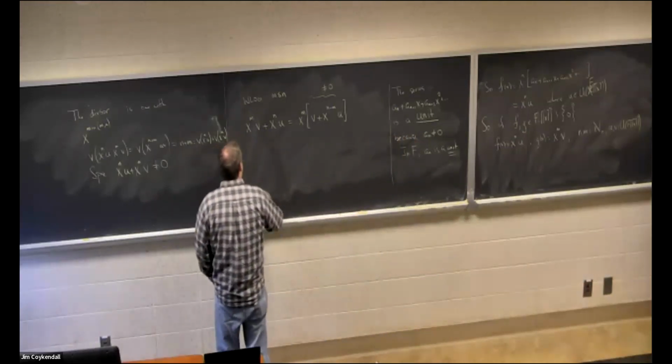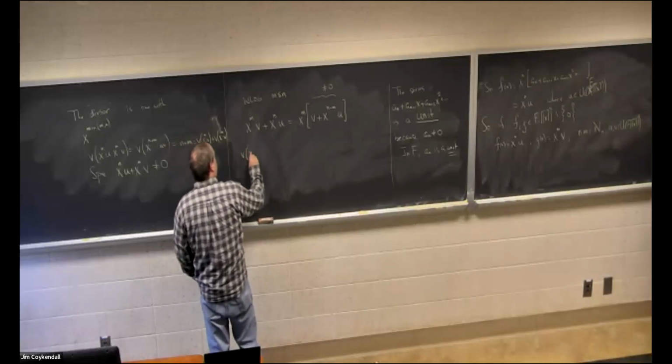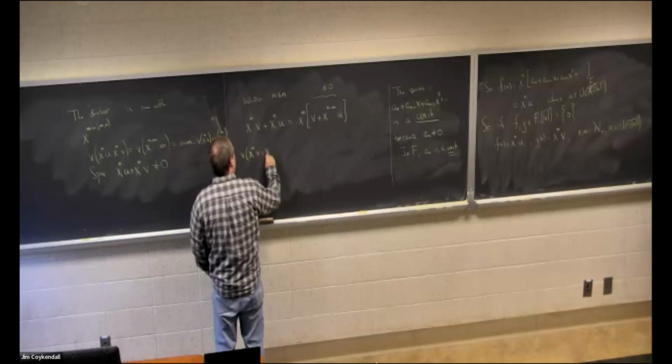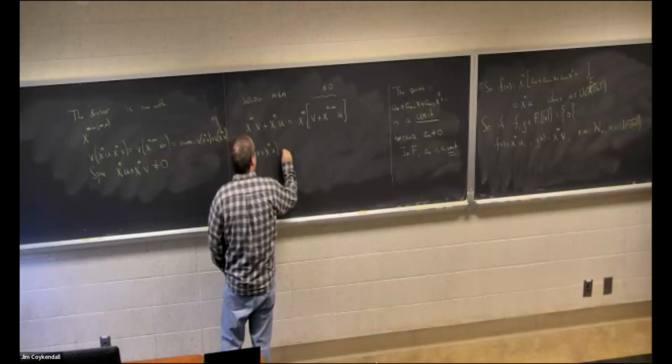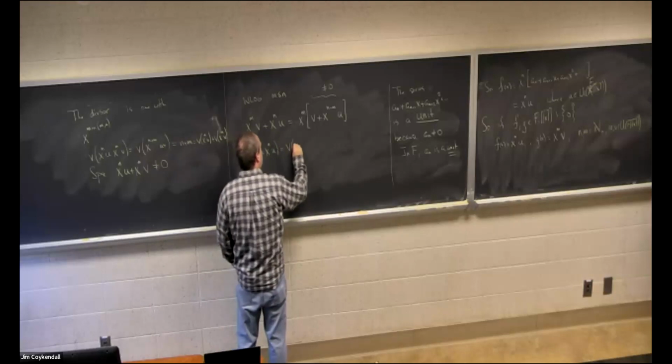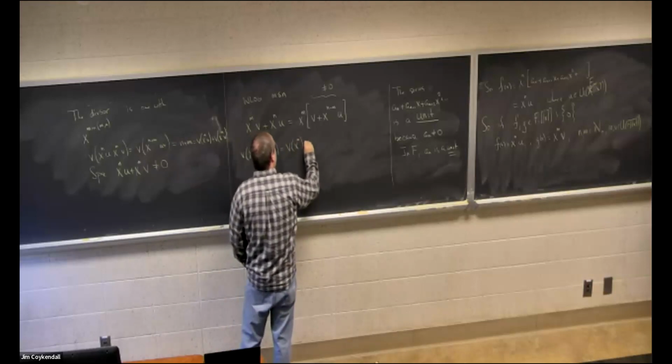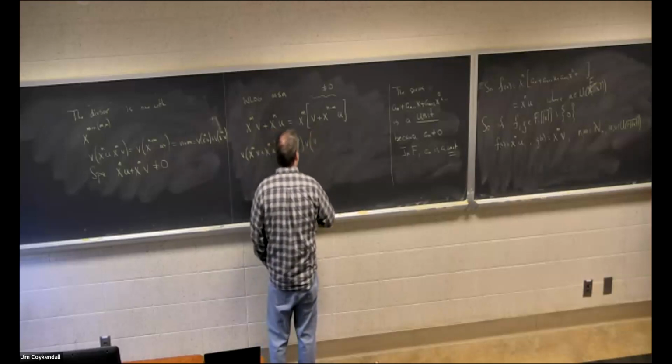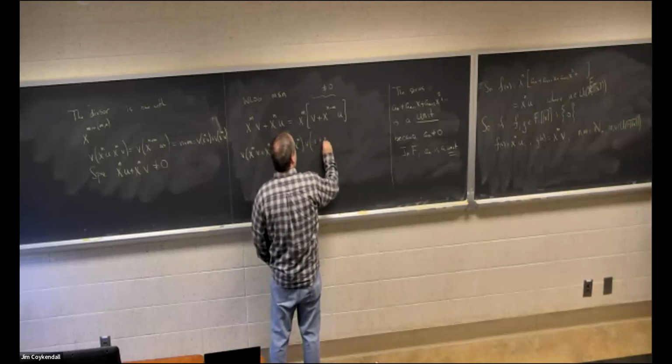So the value of X to the M V plus X to the N U is equal to the value of X to the M times this sum. V is a very poor choice of letter, I'm sorry about that.